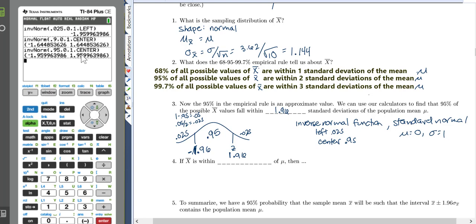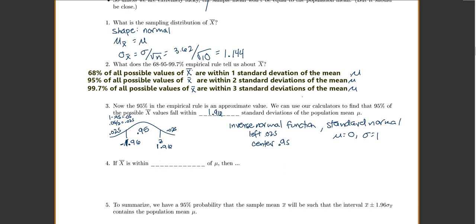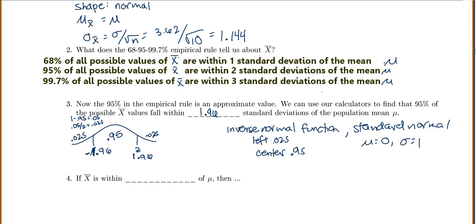So either way, we get this 1.96. So if x bar is going to be within 1.96 standard deviations of mu, then we could say that mu is within 1.96 standard deviations of x bar.